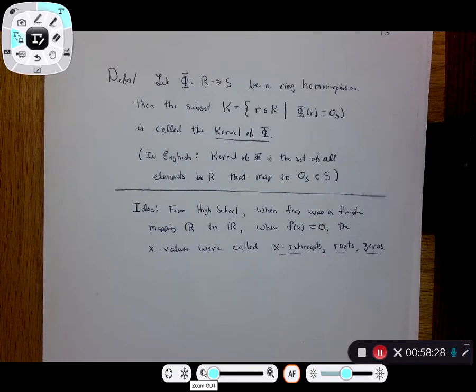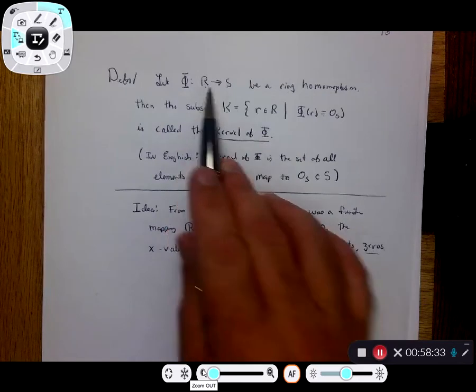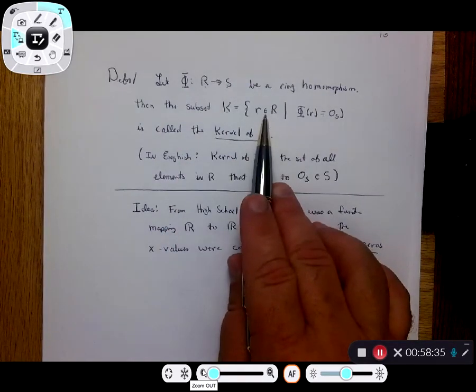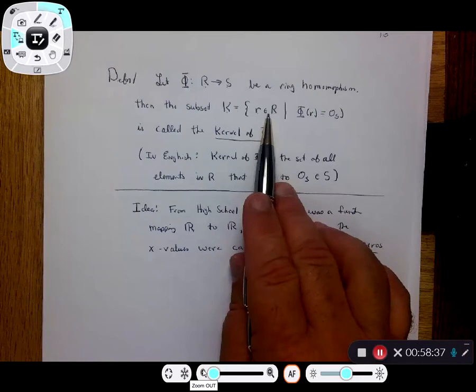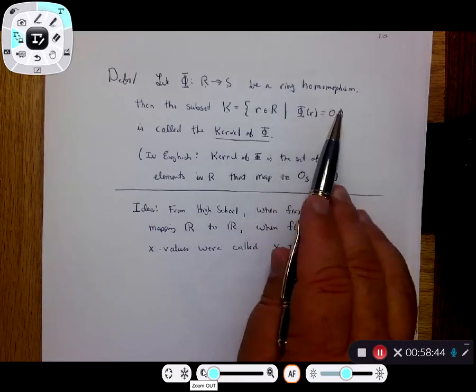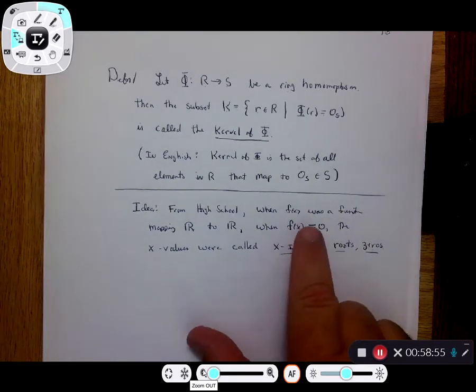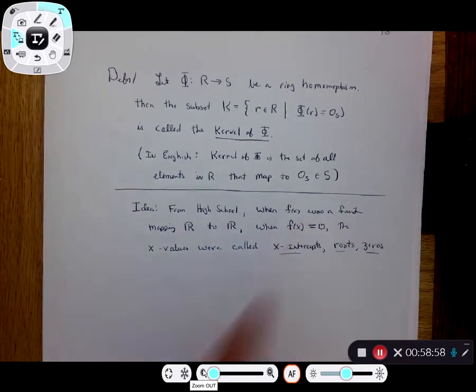The kernel of a homomorphism are these x-intercepts, roots, and zeros. Typically, we're not graphing it, so we're not crossing the x-axis or anything like that, but they are called the zeros of the map. It's the elements in R that map to 0 over here in S. This kernel is going to be playing a very important part in future sections in terms of analyzing homomorphisms, as it played a very special part when we were in high school setting functions equal to 0.